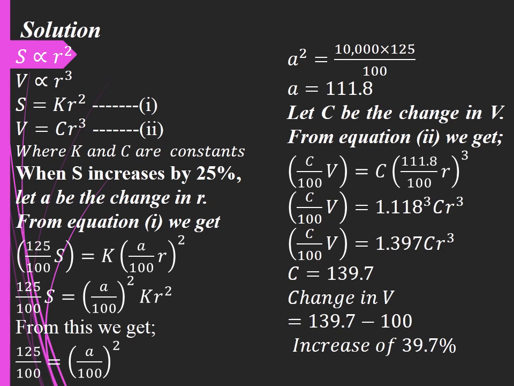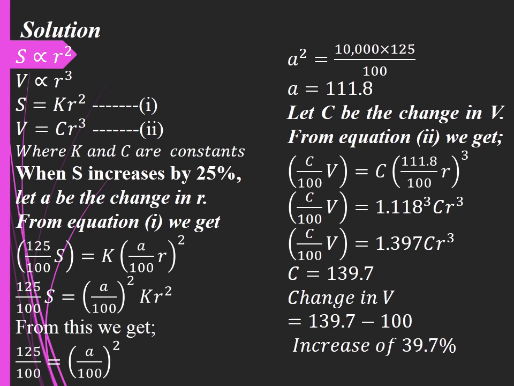This gives us S is equal to k r squared, and we call that equation 1. And then V is equal to c r cubed, we call that equation 2. This is where k and c are constants. And then when S increases by 25%, we are going to let A be the change in r.